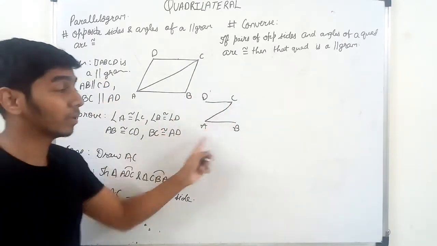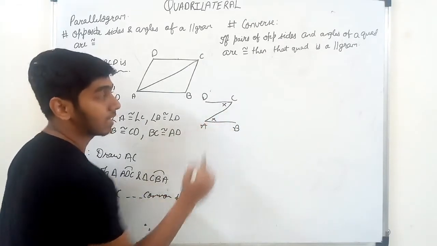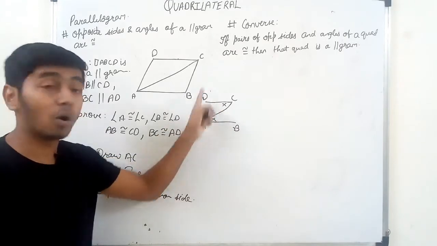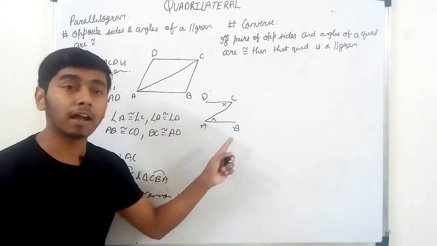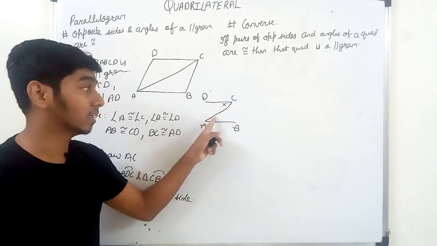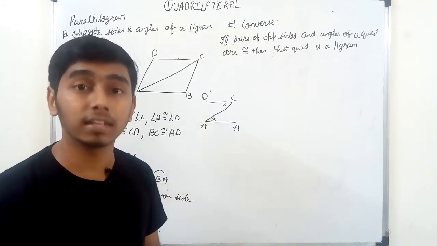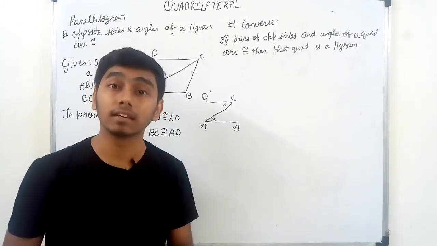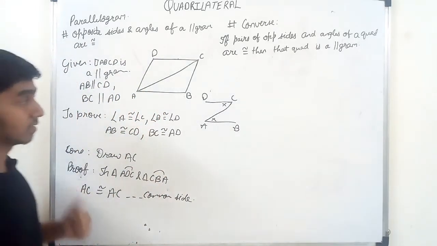So can we say that this angle and this angle are congruent? Why? Because of the alternate angles test. If two lines are parallel and there is a transversal, then the alternate angles are congruent. We have done this in parallel lines, so if you are not sure about this, go back and check the video on this. We'll take this directly.